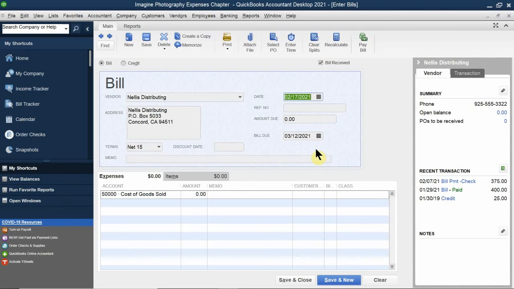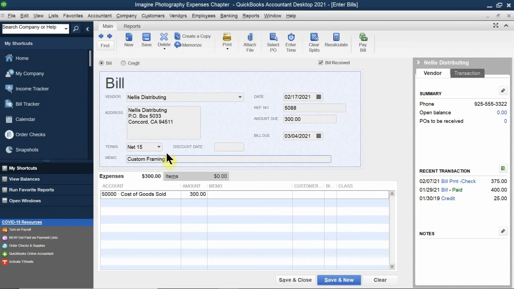The reference number is going to be 5088 for $300, and it's going to be a custom frame, which is a cost of goods sold. So I'm going to have this for custom framing.